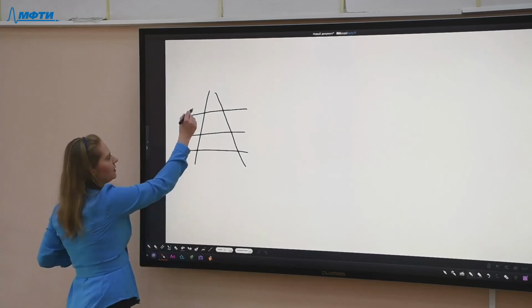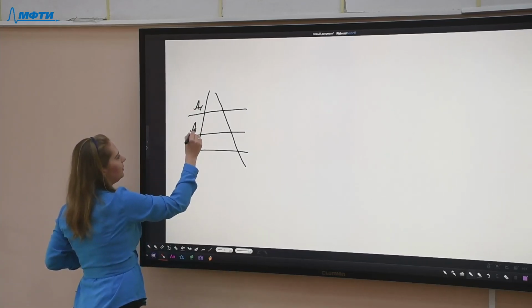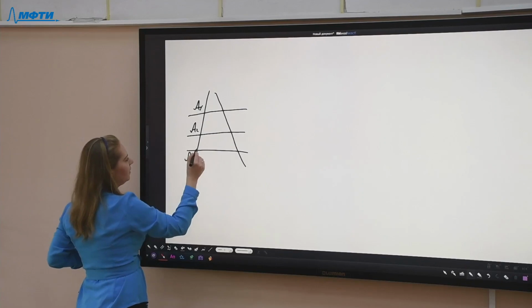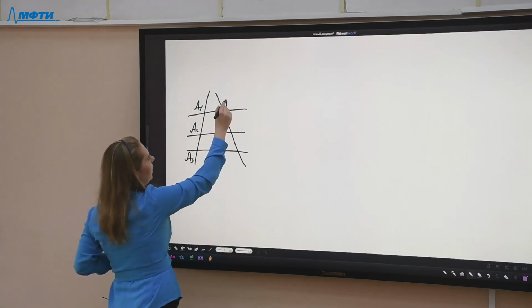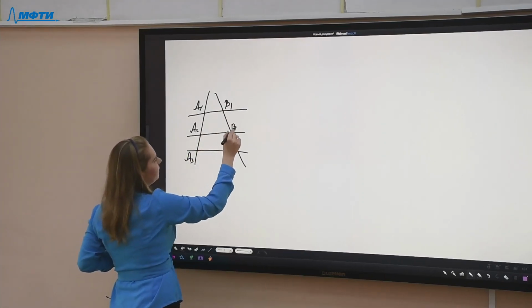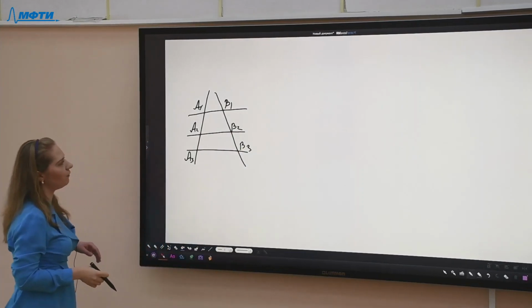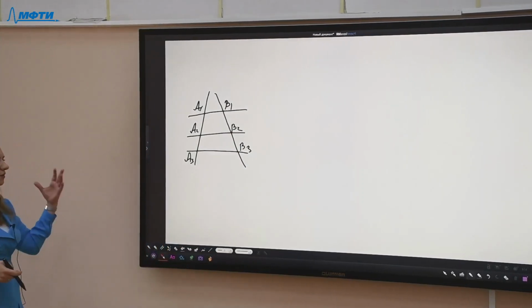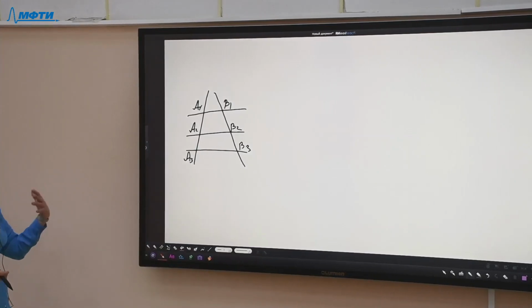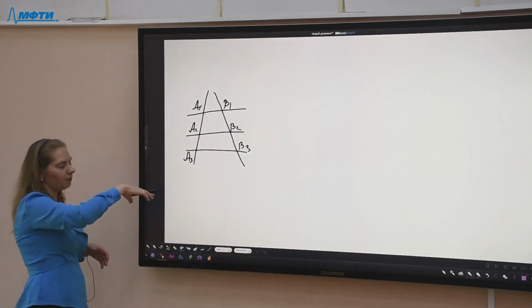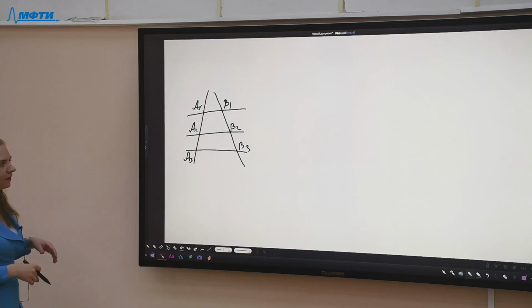So if it is A1, A2, A3, here we have B1, B2, B3. We can say that A1A2 over B1B2 is A2A3 over B2B3, and so on, if we have, for example, 4 or more parallel lines.